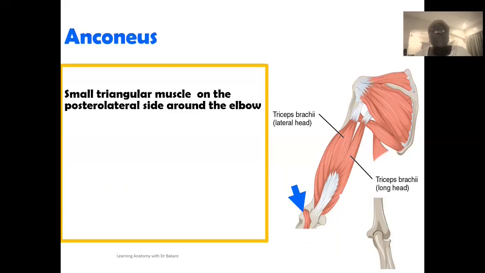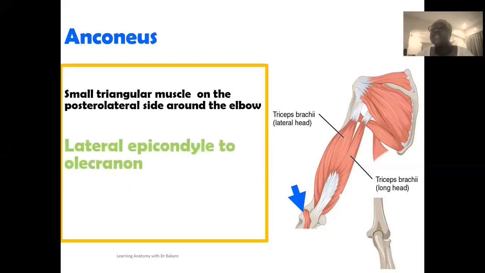Some texts would not classify anconeus as part of the muscles in the posterior arm region, considering the pattern of its placement. If you look at it, you see that it is seen around the elbow. But because it exerts the same function as the triceps brachii muscle, we would be classifying it in this regard.